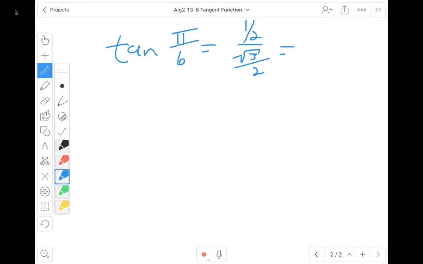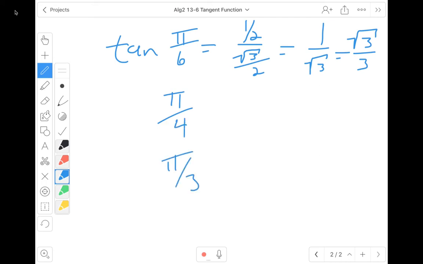And if I simplify that, I think I get something like this. Okay, so you should be able to do that for all the angles, and there are questions in the book involving that. And you could do it in degrees also for the angles.